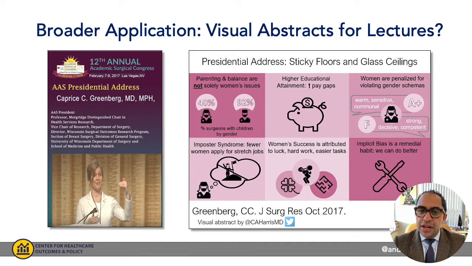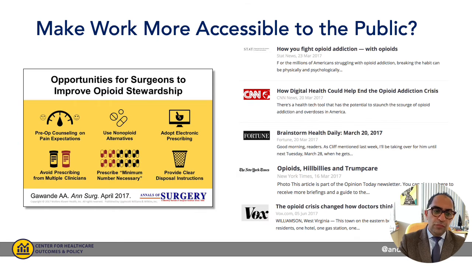But then Dr. Chelsea Harris created a visual abstract of the talk that hit the key points of what the talk was about, and then shared it with the YouTube link. And you could just see the views go up exponentially after that, because there are a lot of people who are interested in the topic, but just by seeing the title of the talk, maybe didn't know what was in there. Seeing a short visual summary helped them know, hey, this is a talk I want to go listen to and make time for.